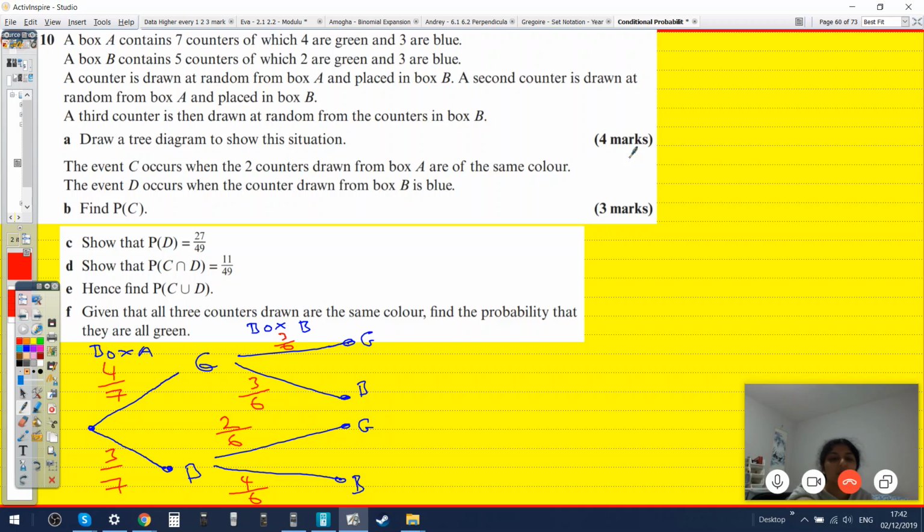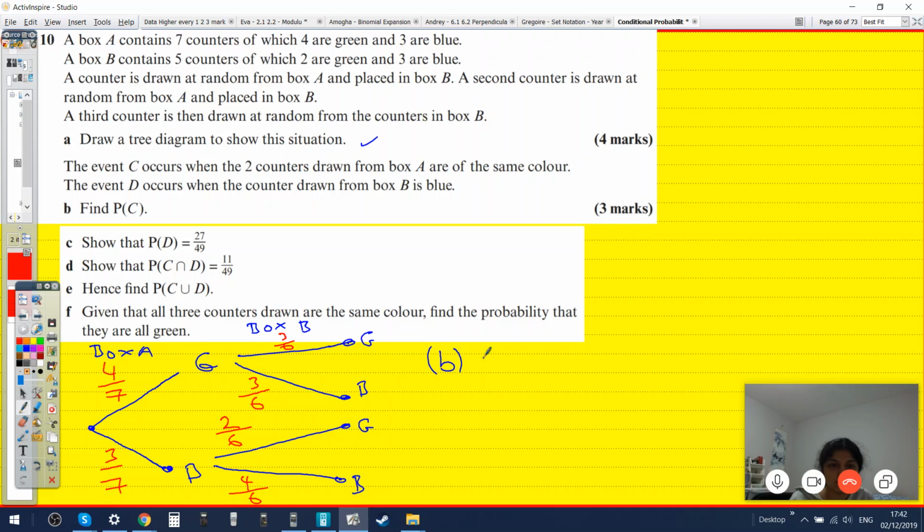Yeah, but those probabilities are only for the placing, because it says a counter is drawn at random from box A and placed in box B, and then a second counter is drawn. Those probabilities are not for the second counter. I only did it for one because I wasn't sure how to do it. Yeah.